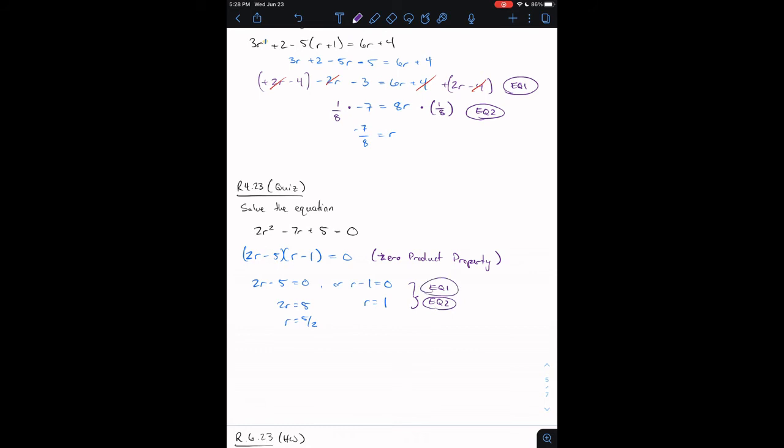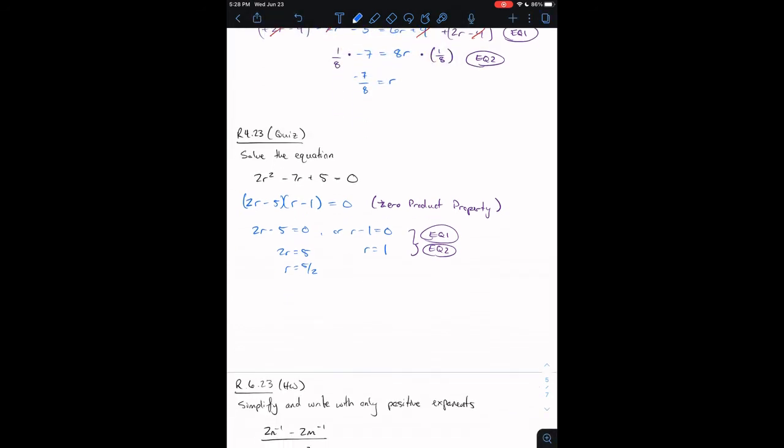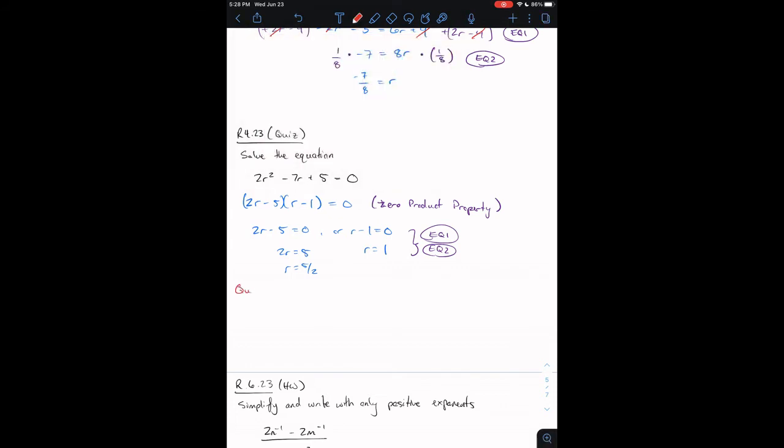Okay, so now we can try it a different way and use the quadratic formula. So with the quadratic formula, we have r is equal to -b plus or minus the square root of b squared minus 4ac all over 2a.